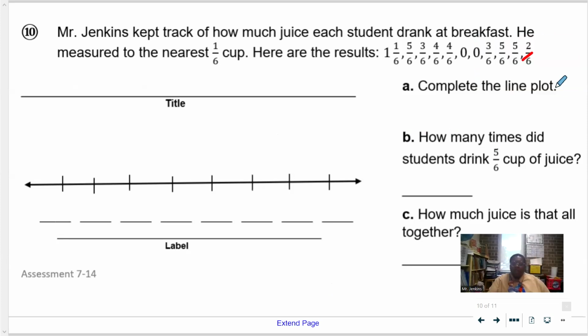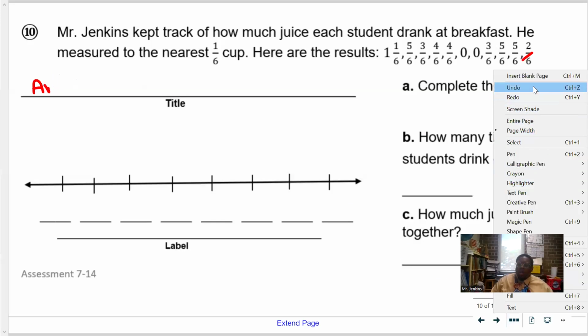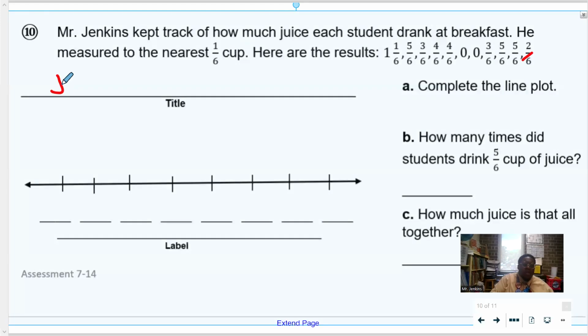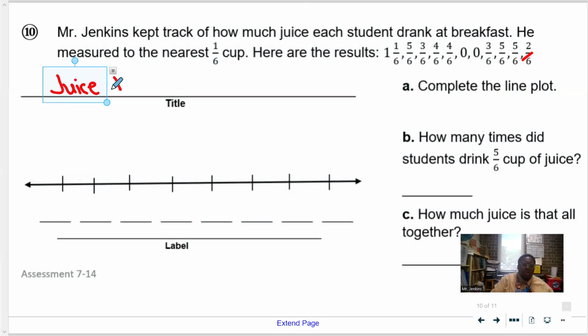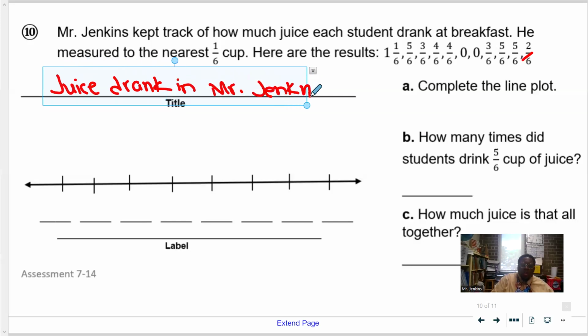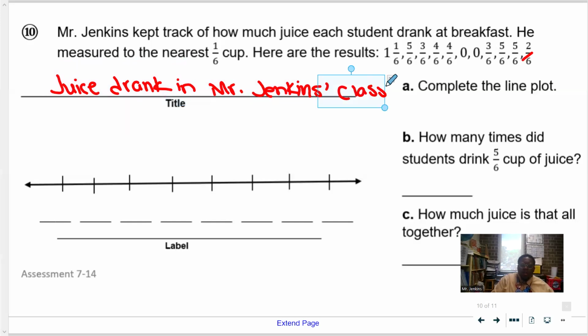So the title of this, just because, okay, Mr. Jenkins class, or how about we can say, let's just say the juice drank in class, okay? Or in Mr. Jenkins class. Juice drank in Mr. Jenkins class.